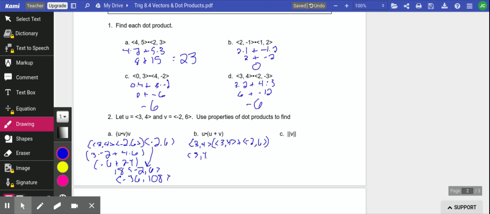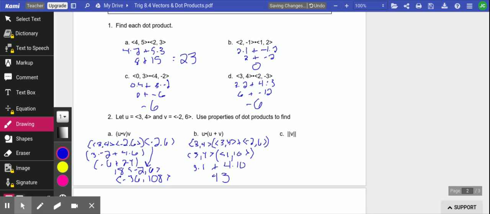So we're going to do what's in the parentheses first. We're going to add those two vectors. So we're going to add the x components. We're going to add the y components. We get 1, 10. And then we're going to multiply those two vectors. So we do 3 times 1 plus 4 times 10. And our answer is going to be 43.